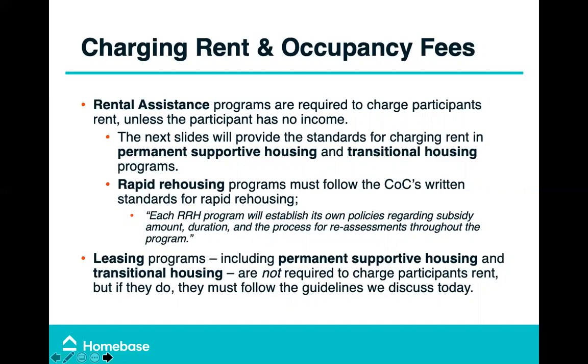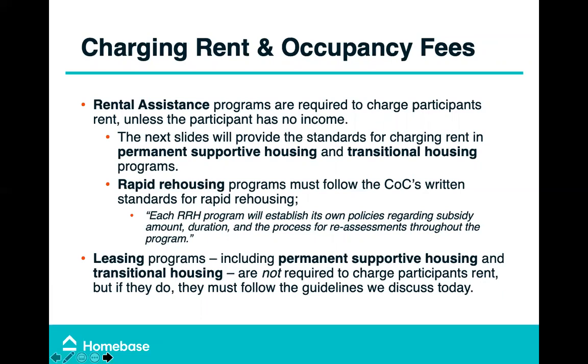The next slides are going to provide the standards for charging rent in permanent supportive housing and transitional housing programs. A really important thing to note is that rapid rehousing programs have different rules and must follow the CoC's written standards for rapid rehousing programs when they charge rent. So again, what we're going to discuss today just has to do with permanent supportive housing and transitional housing programs, not rapid rehousing.